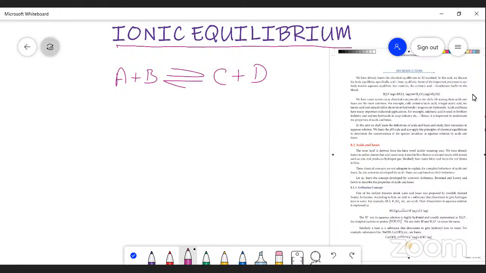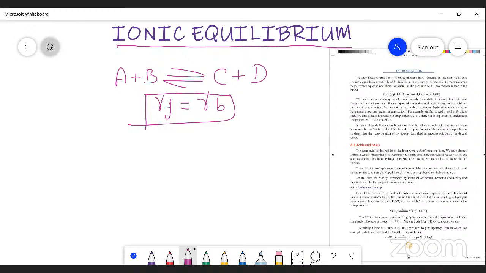When A and B combine to give C and D as a product, C and D are formed at the same speed as they are converted back to give A and B. That means the rate of the forward reaction is equal to the rate of the backward reaction, at an equal rate. That point is equilibrium.